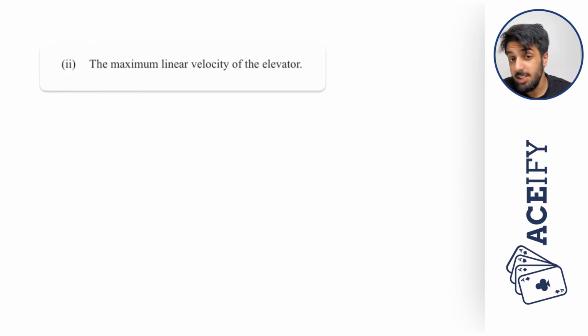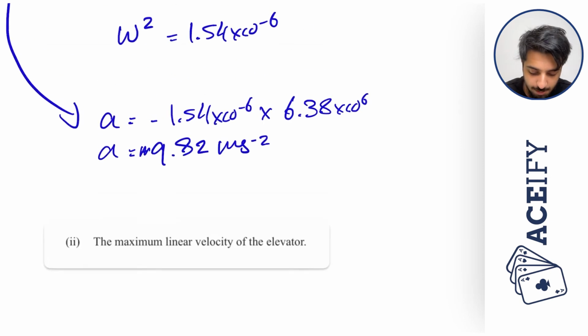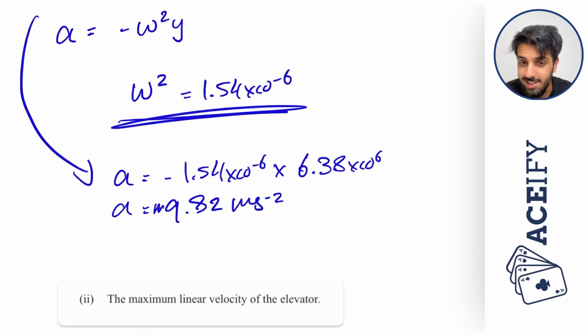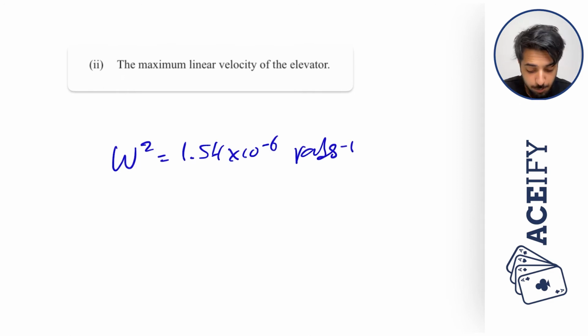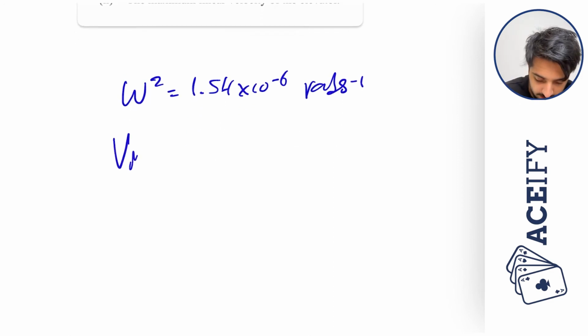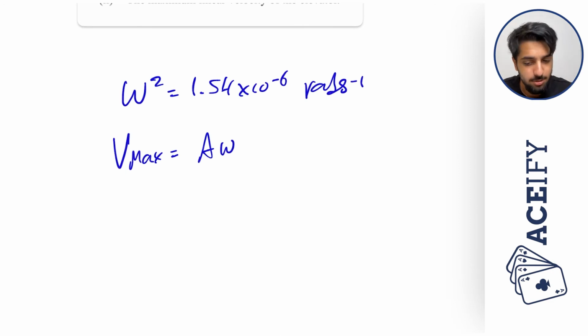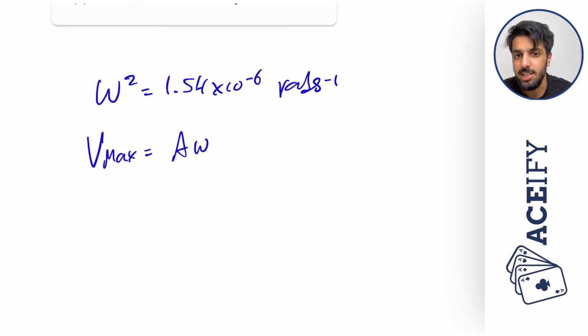Calculate the maximum linear velocity of the satellite. Okay, so as stated previously in that previous question, omega squared is equal to 1.54 times 10 to the negative 6 radians per second squared. Now we know our Vmax is equal to A omega, again A being the amplitude, which in this case is just the radius of the Earth.